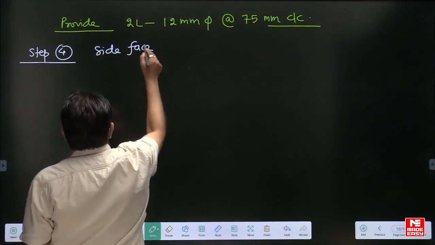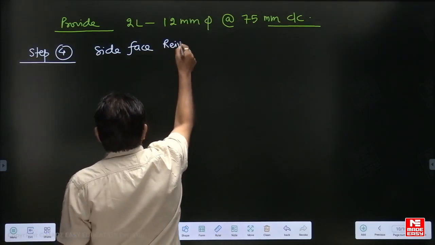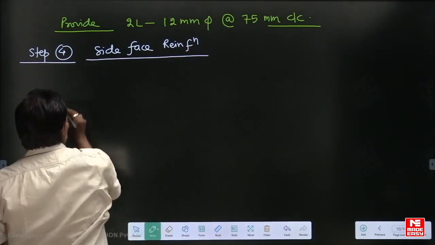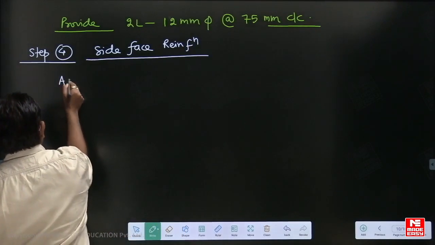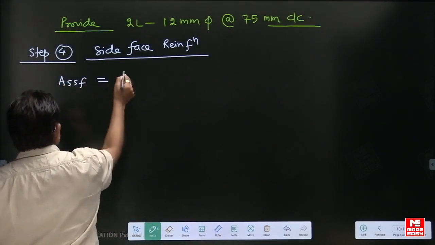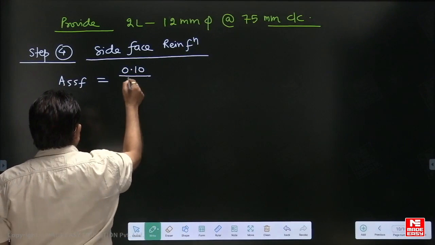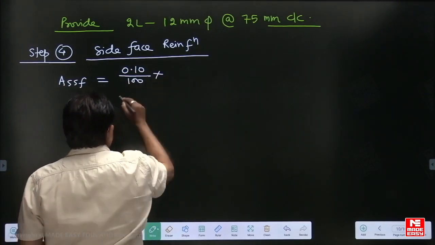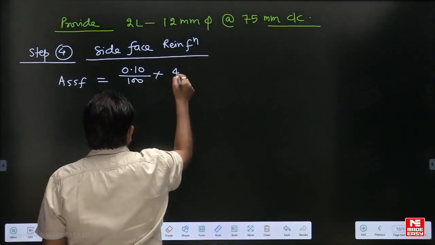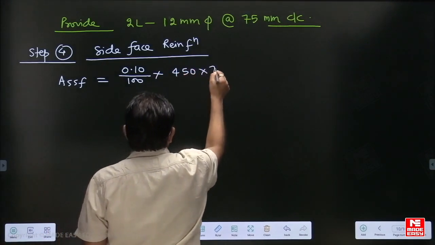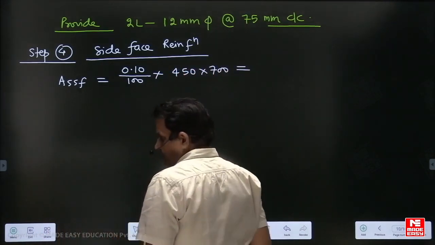This is a very simple check. Side face reinforcement will be provided. The area of steel of this side face reinforcement is considered 0.1% of the total cross section area. That will be 450 by total depth of 700 mm.